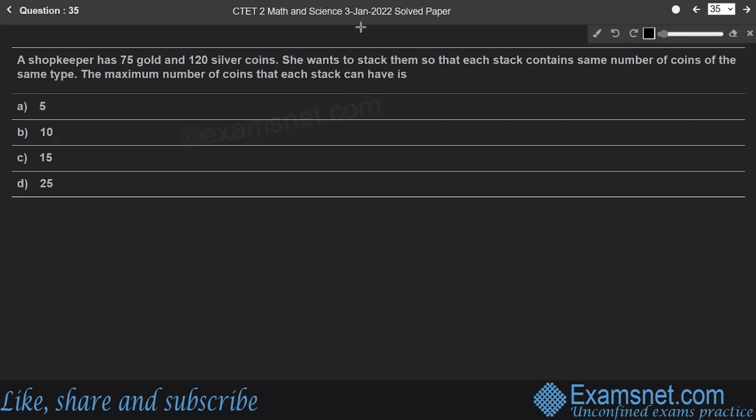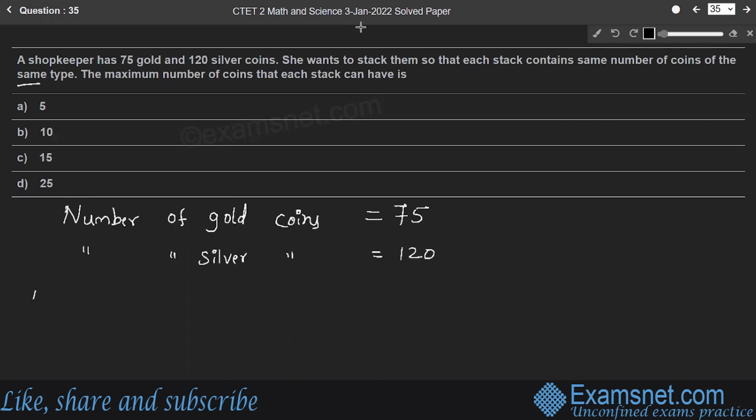Question number 35. A shopkeeper has 75 gold and 120 silver coins. She wants to stack them so that each stack contains the same number of coins of the same type. The maximum number of coins that each stack can have is... So number of gold coins is equal to 75, whereas number of silver coins is equal to 120.